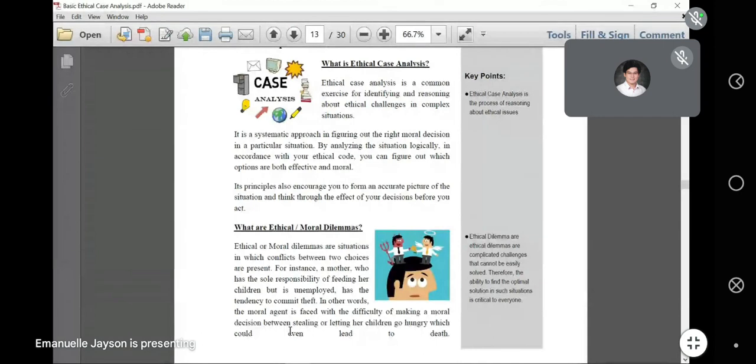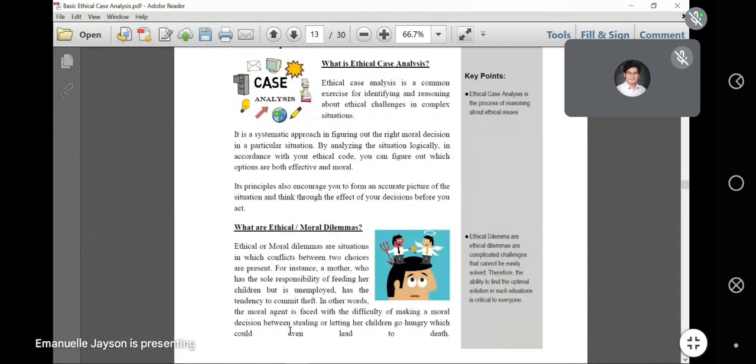Sa language ng ibang bansa, some parts of America, they call this starving to death. Kaya nga wait, yung sa English pala, no, Britain I think, they don't use the word starve.